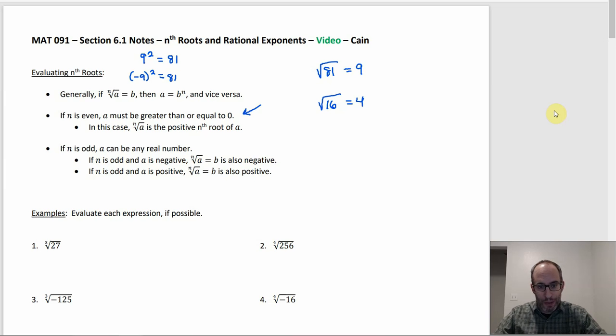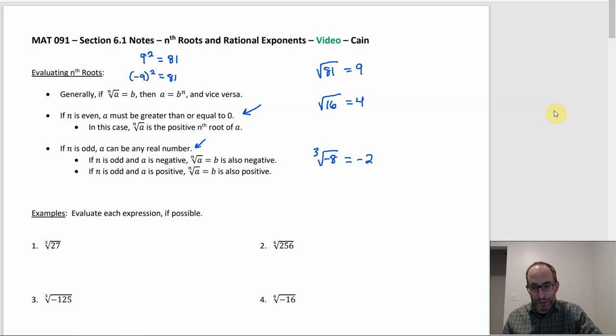But then what if it's an odd root? So this bullet point right here where it says if n is odd, then a can be any real number. Well, that's because if you take the odd root of a negative, you get a negative. So the way that that would work is that the cube root of negative 8 is going to be negative 2.